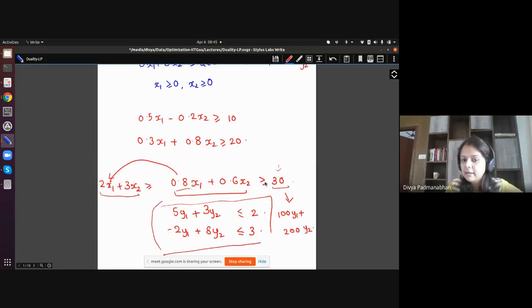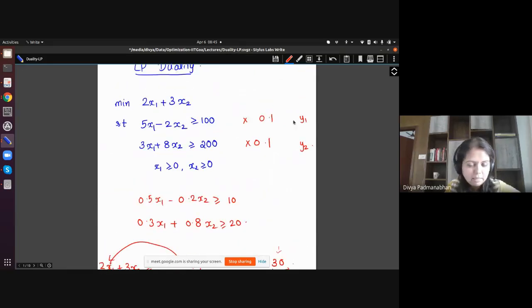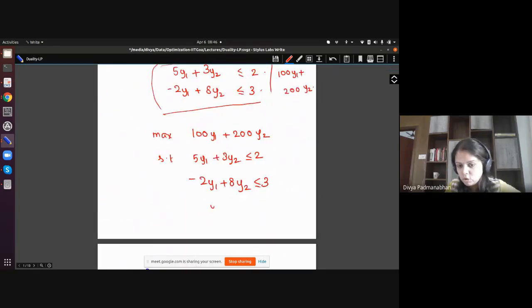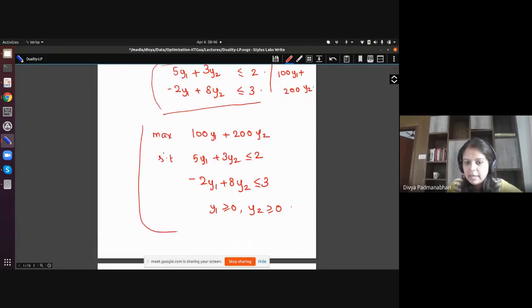Note that these inequalities will hold only if you multiply this with a positive number, because otherwise the sign of the inequality is going to change. So you also want y1 greater than or equal to 0 and y2 greater than or equal to 0. You see, this is a new linear program, and this is called the dual linear program.